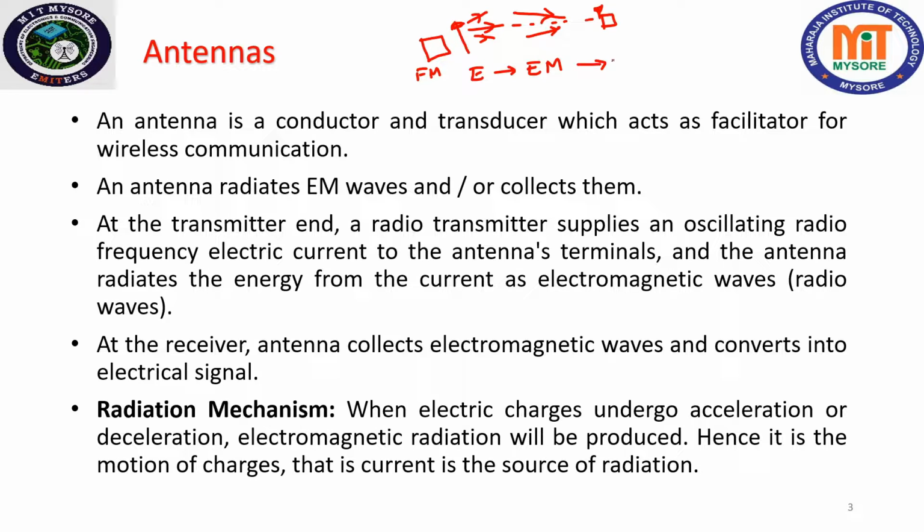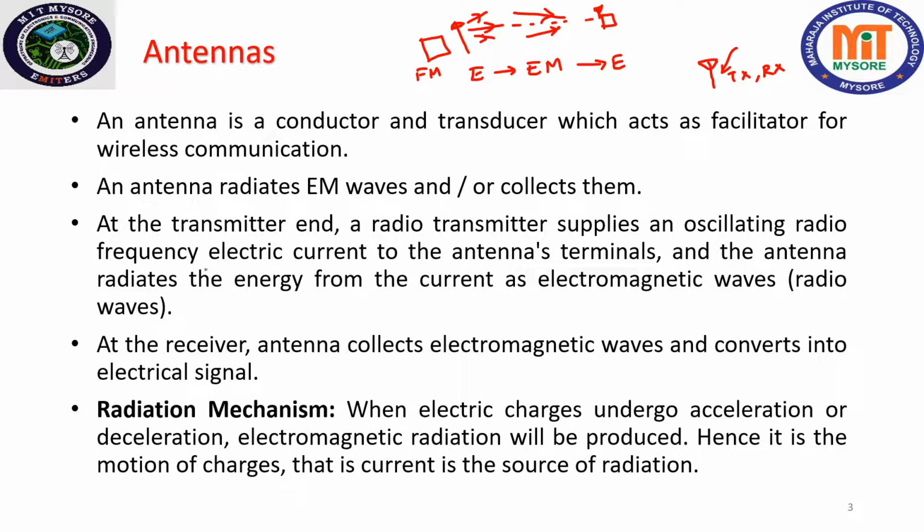At the receiver end, it converts electromagnetic waves to electrical signal. So an antenna radiates EM waves and or collects them. As a transmitter, it radiates the electromagnetic waves. As a receiver, it collects them. Sometimes the same antenna can act as a transmitter as well as receiver, so it can radiate as well as collect the signals.